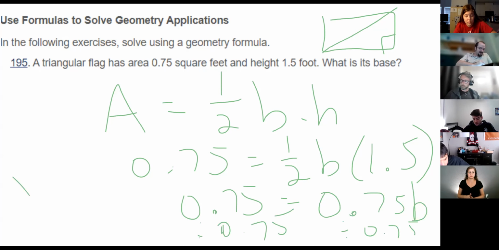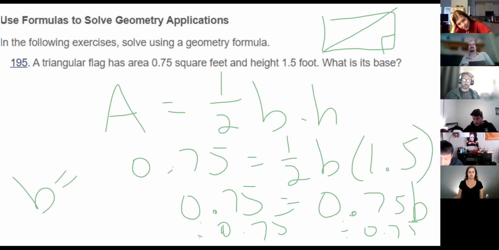So B is equal to... 0.75 divided by... or would it be 1? Anything over itself should be 1.